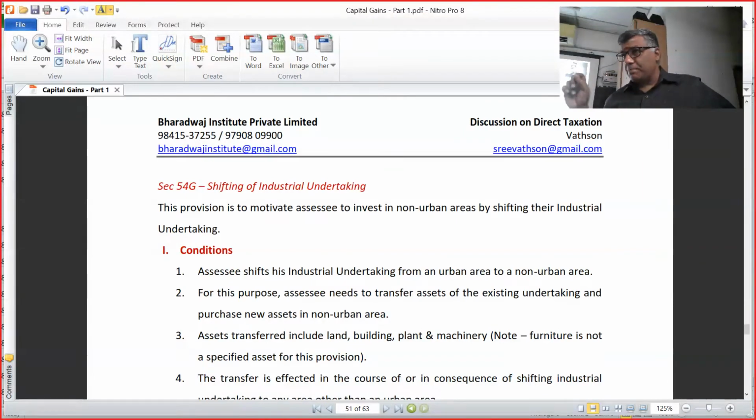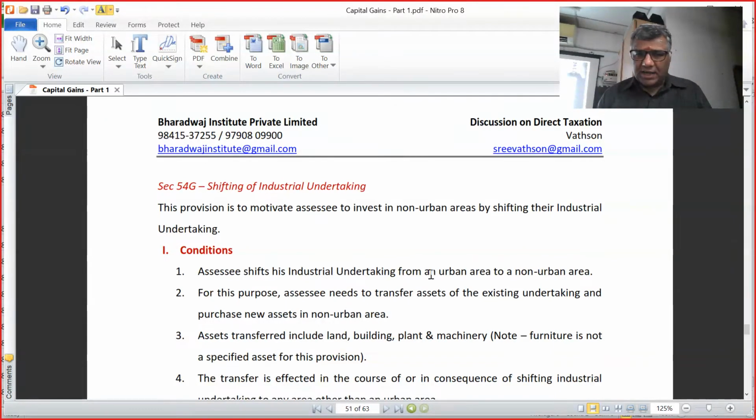They have not said backward areas; they have said non-urban area. If you shift your industrial undertaking from Chennai to somewhere outside, what happens? You have to sell your land, building, plant and machinery, majority of the time, and acquire new assets there. The capital gains coming to you out of this sale will be exempt when you buy in that new place.